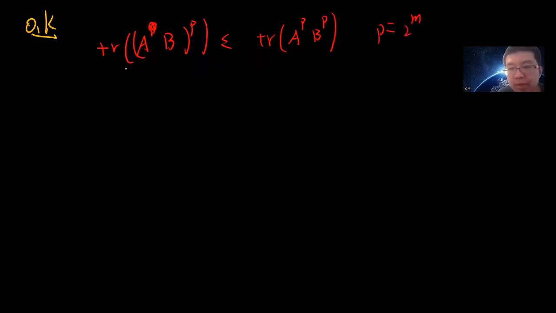Now you can replace A with A divided by P in the exponential, and B with B divided by P, hopefully this is obvious.